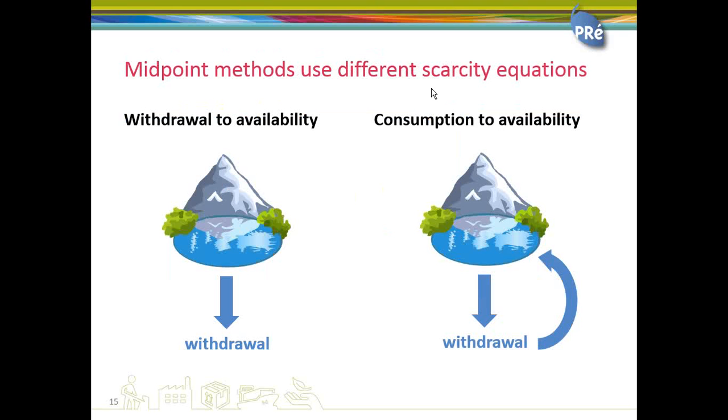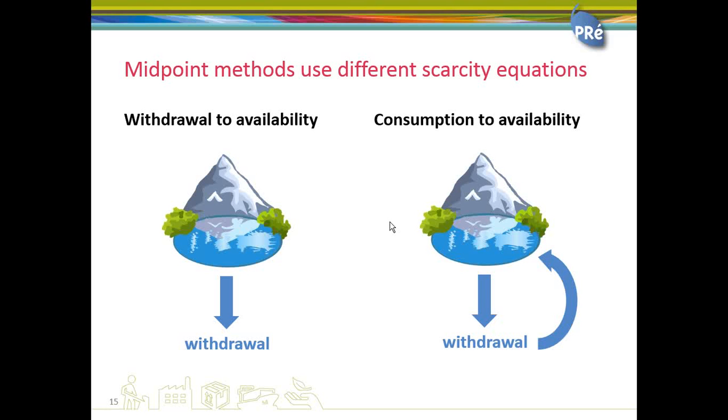Well, that has to do with the scarcity equation they use. When you run the analysis in SimaPro, it's a cumulative effect, so I don't know if it would be that easy to isolate the effect of having a method with a consumption to availability ratio compared to a withdrawal to availability ratio, because there are other factors taken into play when calculating the water scarcity index.